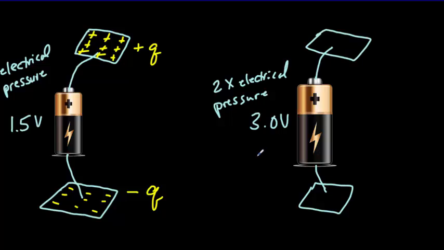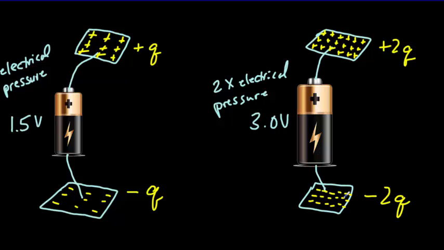And then because we've got twice as much electrical pressure, we're really expecting to have twice as much charge develop on the plate and twice as much positive charge on this plate. So we'd end up with a positive 2Q here and negative 2Q here. So whenever we increase that electrical pressure, increase the voltage, we get proportionally more charge on these plates.